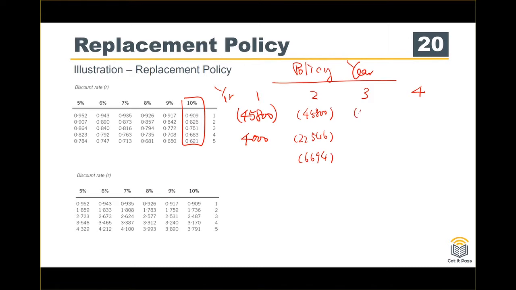For the 3-year policy, it is the same; the difference is in the 2nd year and the 3rd year.